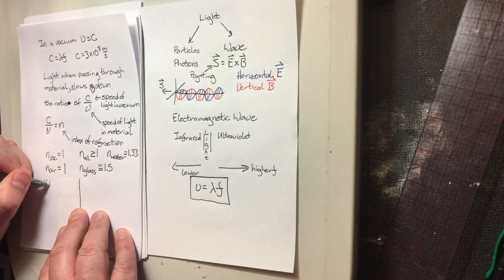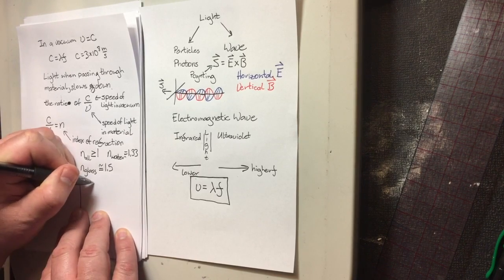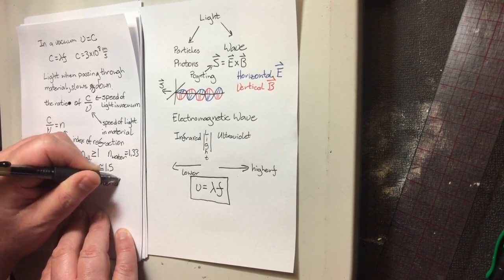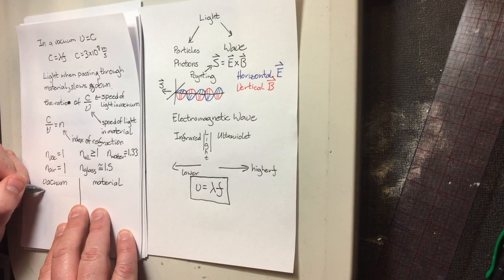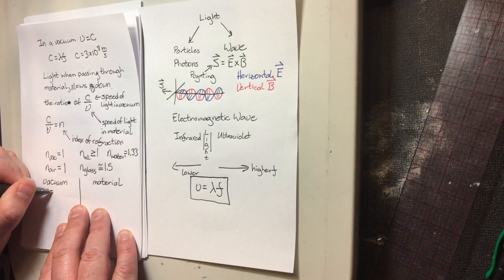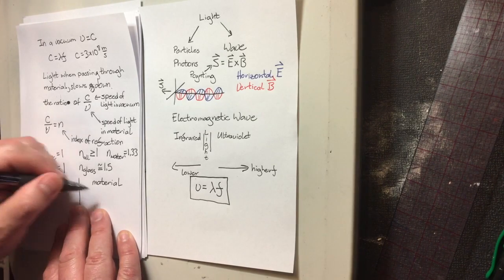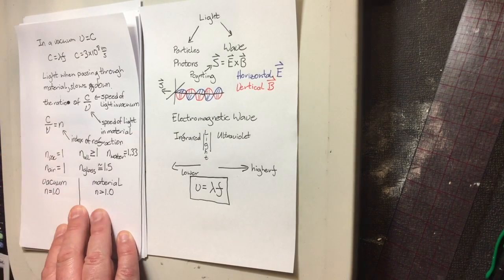Now, in a vacuum and in generic material, there are differences. For a vacuum, the N is equal to 1.0. For a material, N is greater than 1.0.